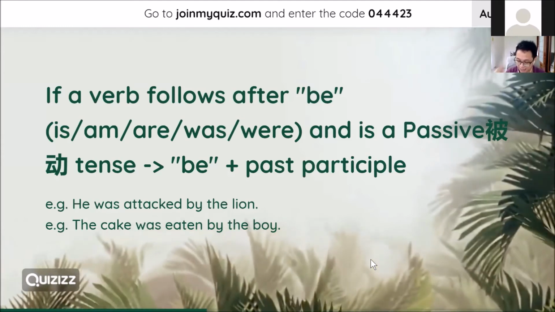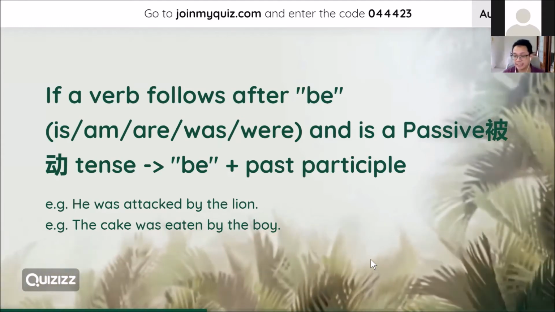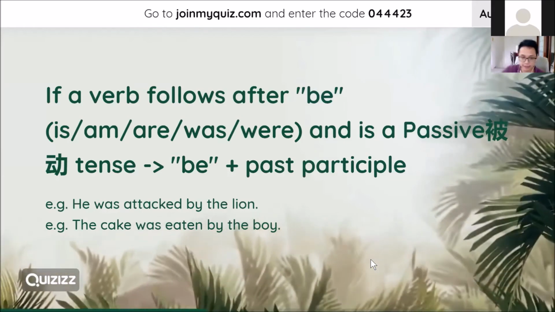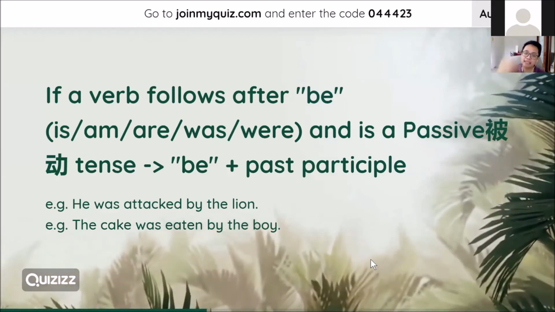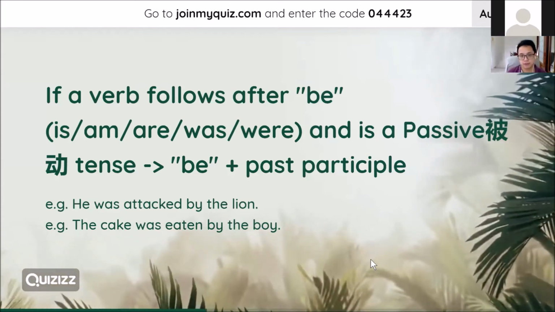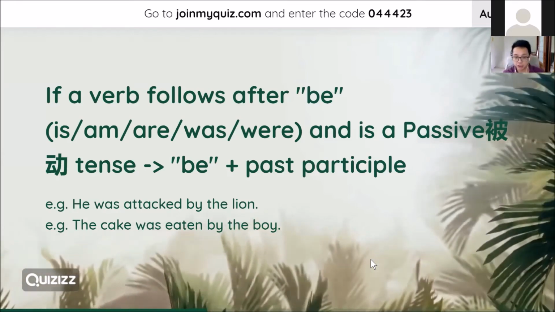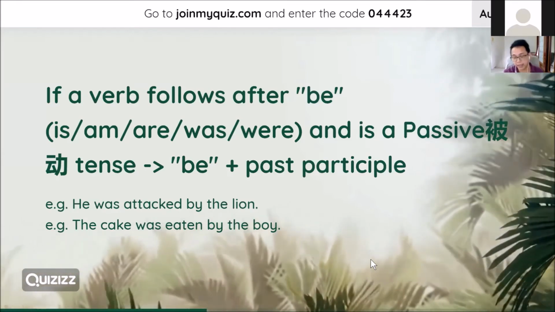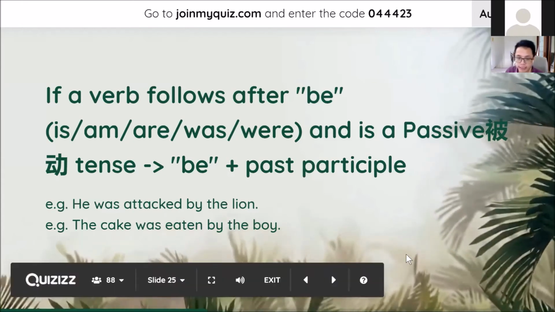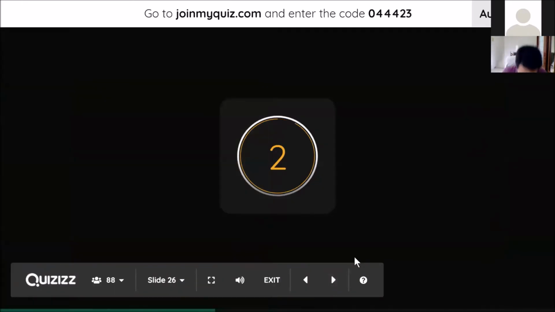Attack, attacked, attacked. Hide, hid, hidden. Hidden 那个第三个，eaten 第三个，它被吃了，被藏起来的，被攻击的。如果是被动的话，你要 past participle；主动的话，你要 present participle ing。主动 ing，被动 ed en。Okay, next one.